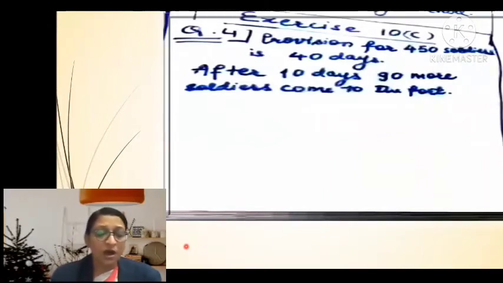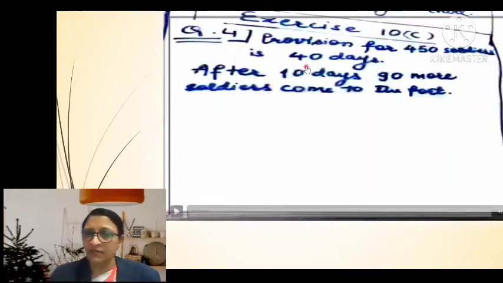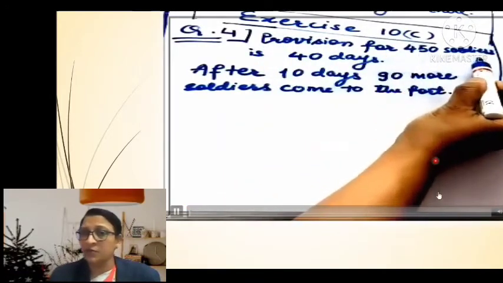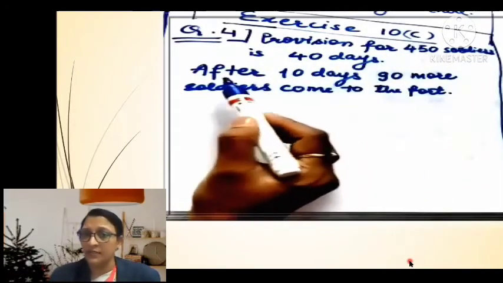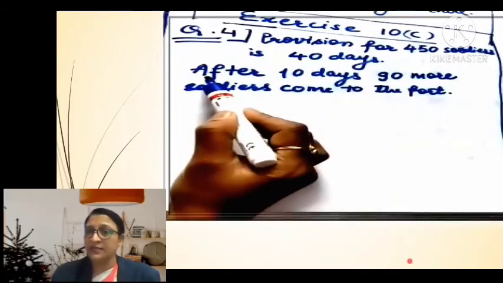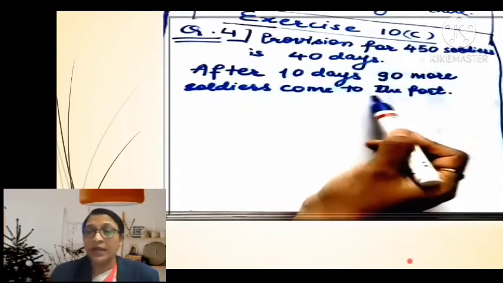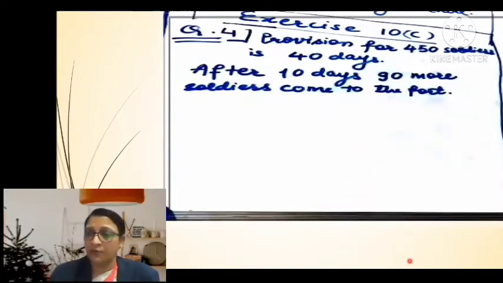Find for how many days will the remaining provision last at the same rate. So we will write down first: the given provision for 450 soldiers is 40 days. After 10 days, 90 more men or 90 more soldiers come to the fort.